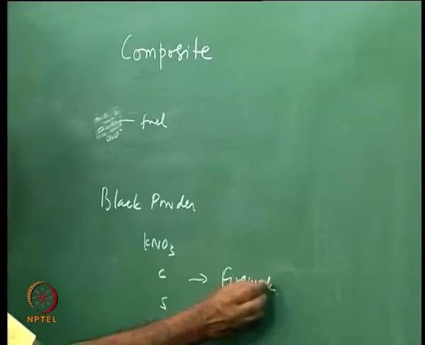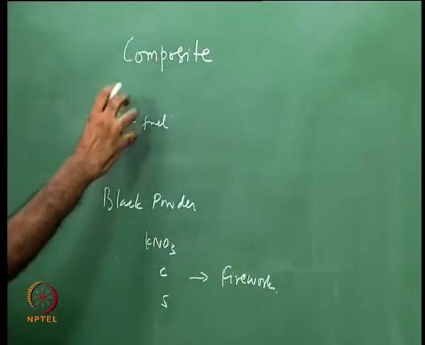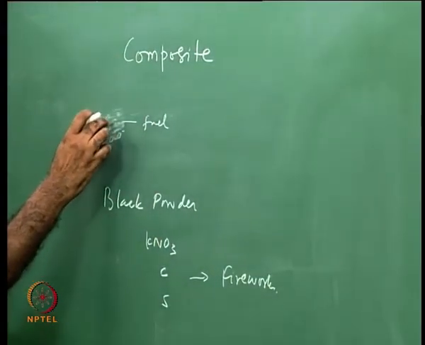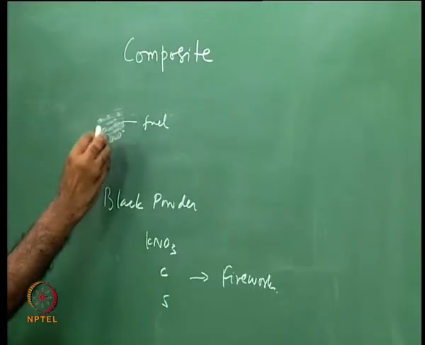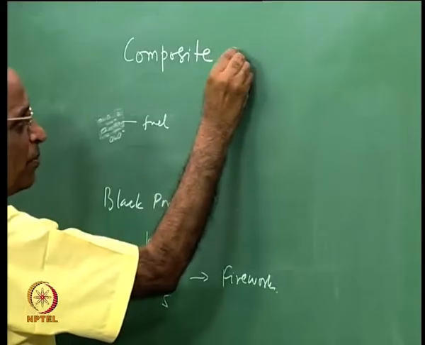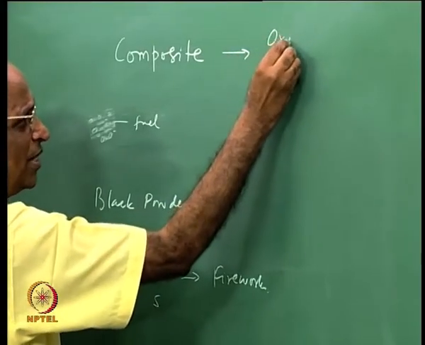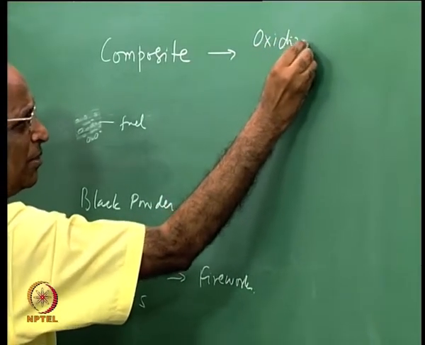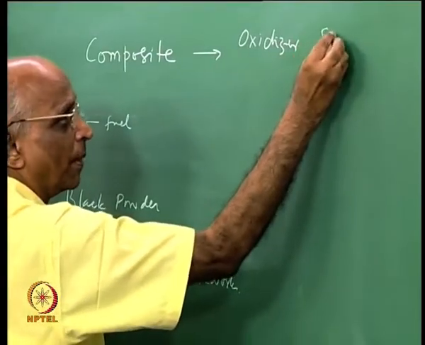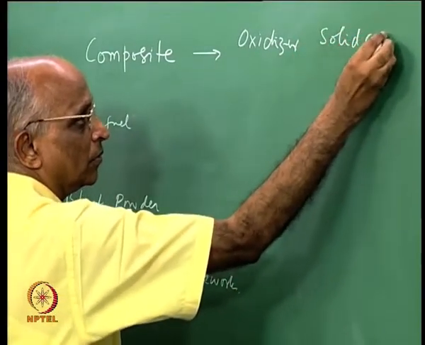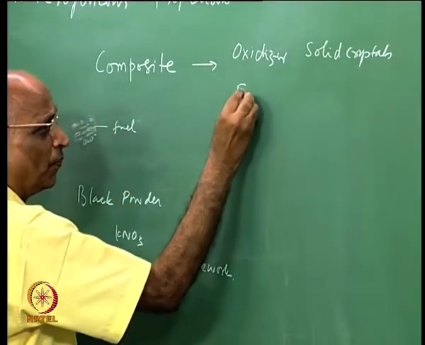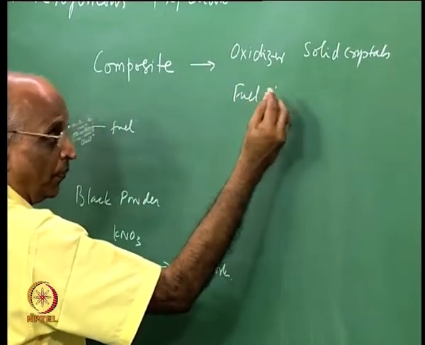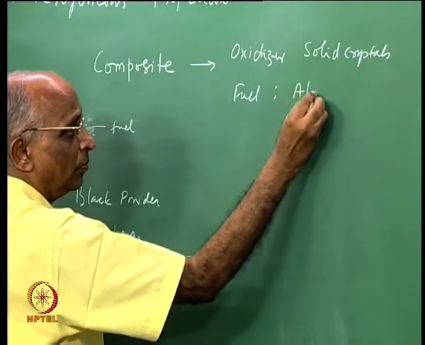So also you take a composite which consists of an oxidizer, maybe some fuel, and maybe the thing which is bonding together could act as a fuel. Therefore, a composite propellant will consist of an oxidizer which is something like a solid ground crystal, a fuel which could be aluminium.